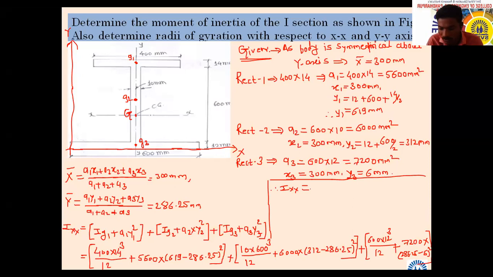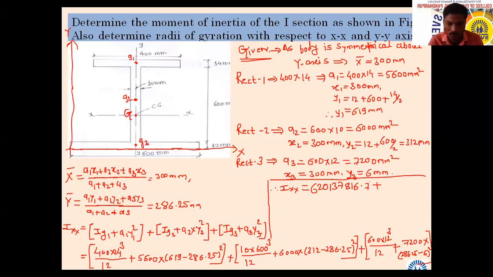Ixx1 620, 137, 816.7. Okay, let it be. Whatever it will come, you tell, because figures are coming so large now. Let it be.